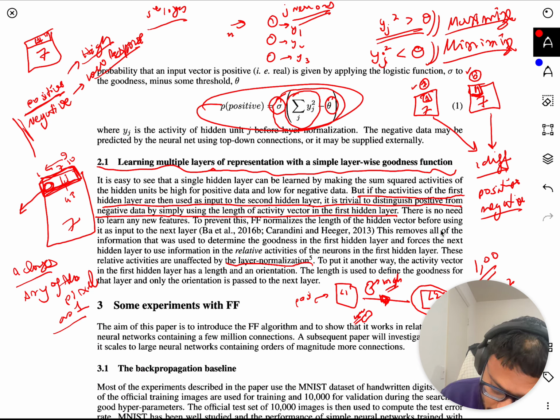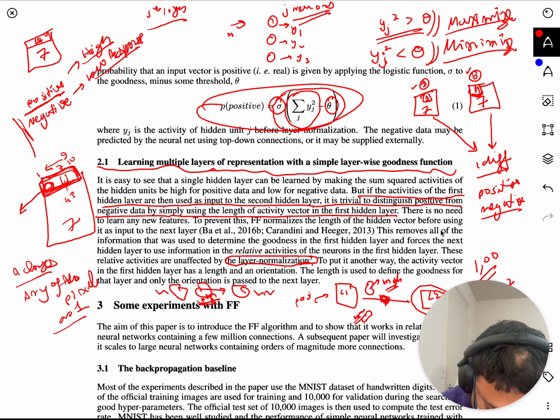So if you have layer 1 and layer 2, and you apply layer normalization in between, then if you have one vector which is very large and one vector which is very small, once you normalize them, all of these vectors will start to lie on a hypersphere. So their lengths will be 1 and their angles will remain the same.